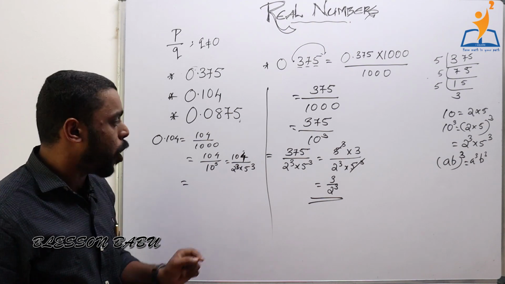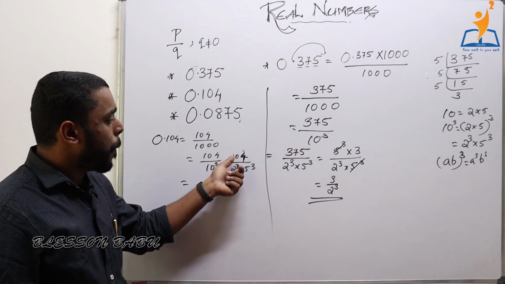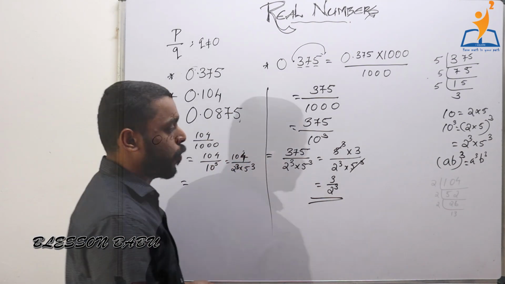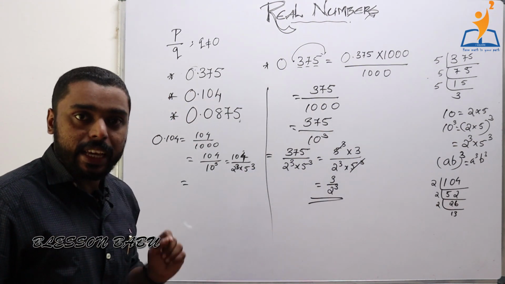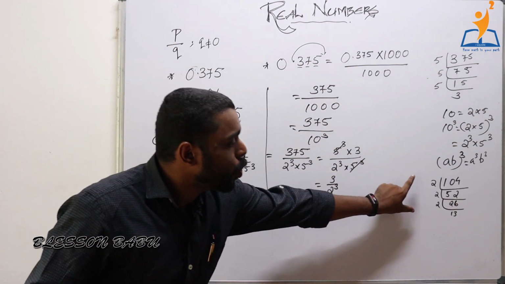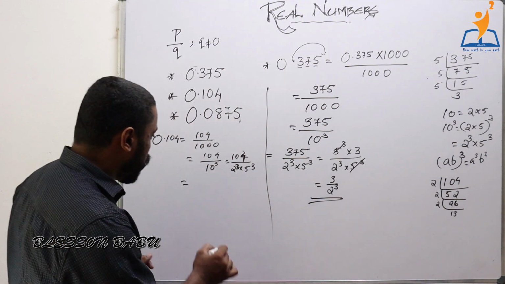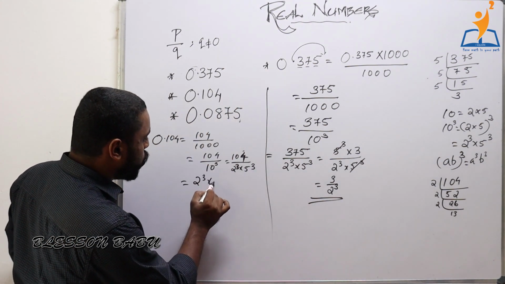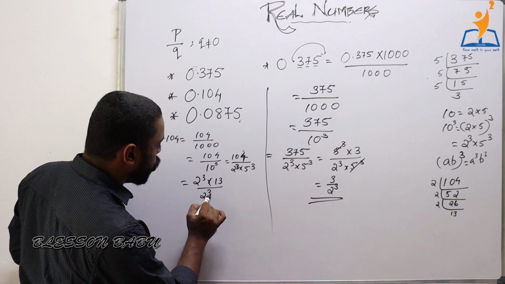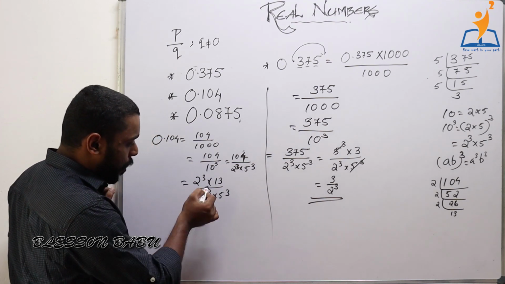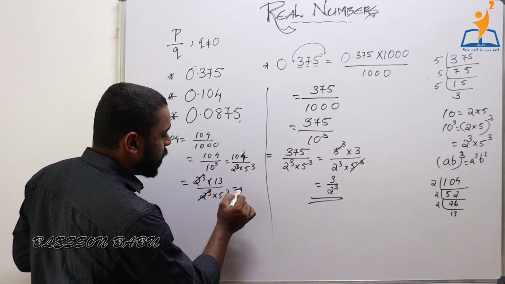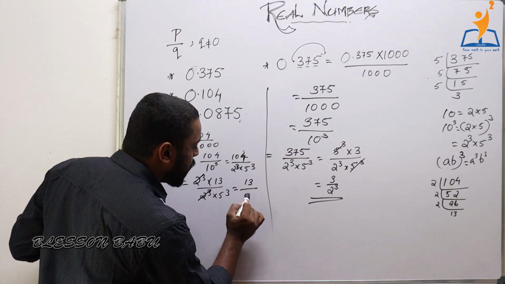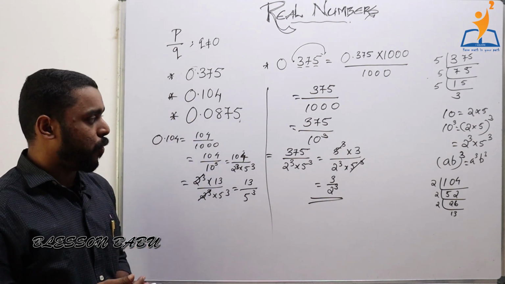In order to cancel the common terms, we have to find the prime factorization of 104. So 104 is nothing but 2 cube into 13. So we have 2 cube into 13 divided by 2 cube into 5 cube. Therefore 2 cube and 2 cube cancel and it will result in 13 divided by 5 cube.